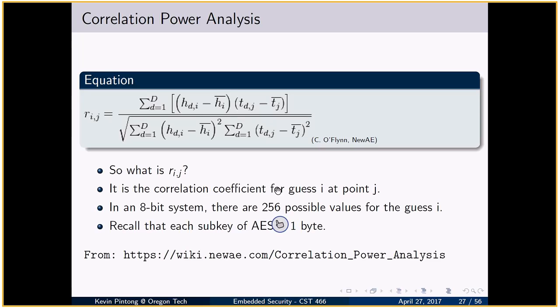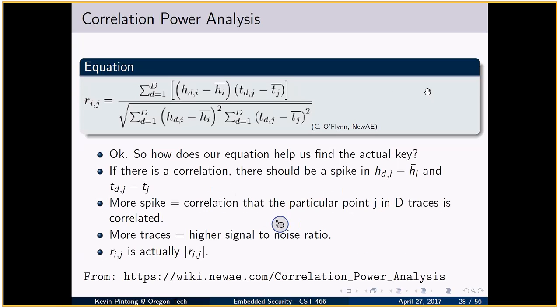That's the guess range we can have. In an 8-bit system, there are 256 possible values for the guess I. Also recall that each subkey of AES is 1 byte, though we don't necessarily need to do it 1 byte at a time. We could also have an algorithm with 1024 possible values, or 4096 values. The guess would work the same, you just have more points.